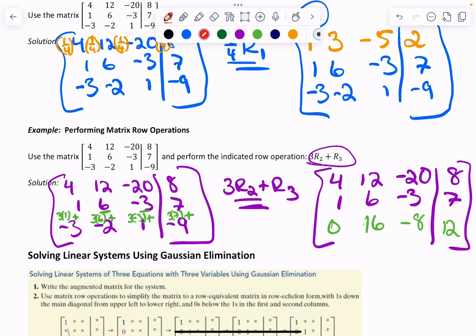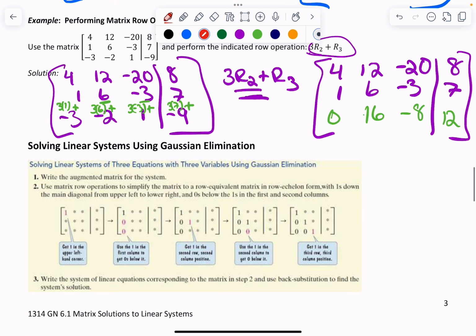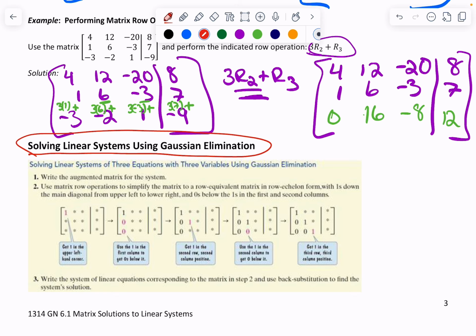Next, we're going to look at how we are using them. So we're solving linear systems using Gaussian elimination. Our first step is to write the augmented matrix for the system and then use matrix row operations to simplify the matrix to a row equivalent matrix in row echelon form, with ones down the main diagonal from upper left to lower right and zeros below the ones in the first and second columns.